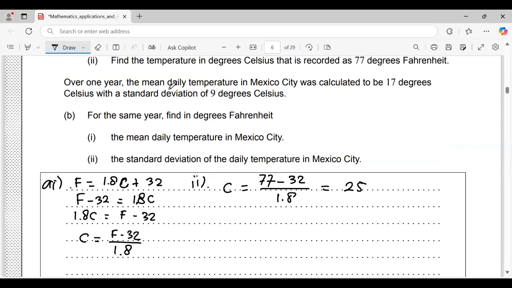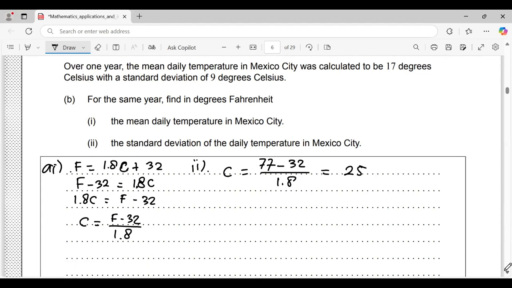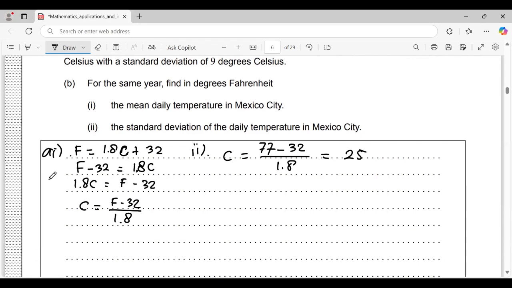Over 1 year, the mean daily temperature in Mexico City was calculated to be 17 degrees Celsius with a standard deviation of 9 degrees Celsius. For the same year, find in degrees Fahrenheit the mean daily temperature in Mexico City, right? So we need to change from Celsius to Fahrenheit.